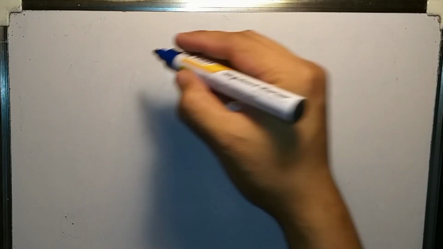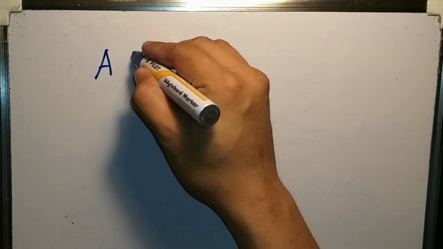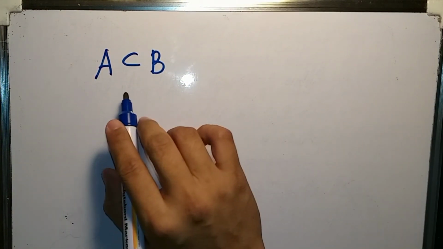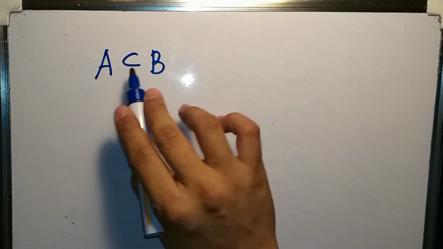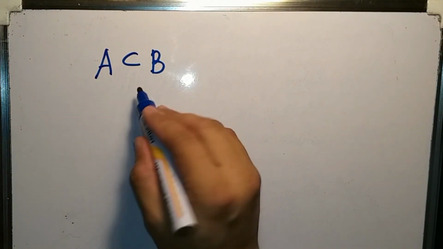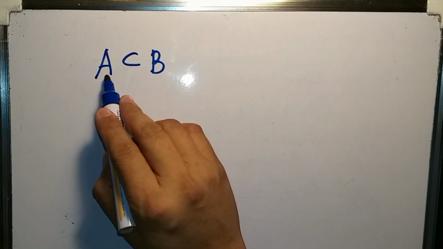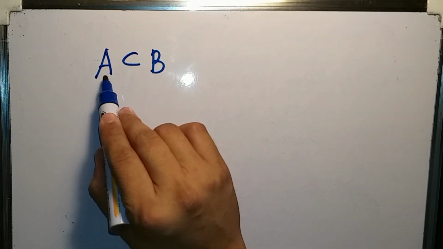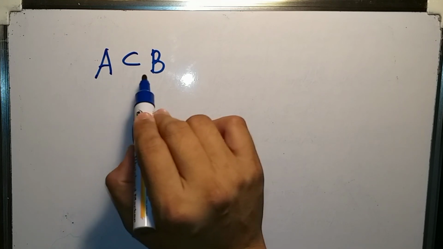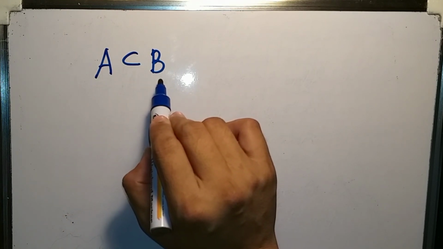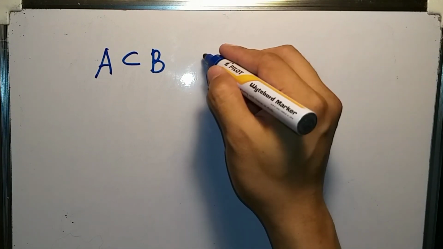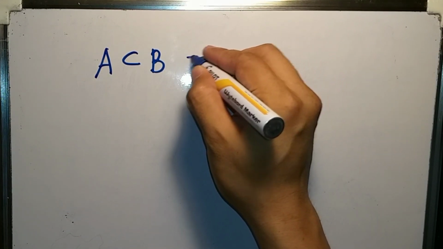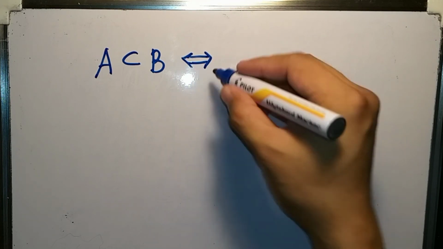So for the last topic, I will connect set to logic. I already introduced to you the notation for subset. So A is a subset of B, where if we have an element that is contained in A, it must also be contained in B. So in logic, I will use this symbol.